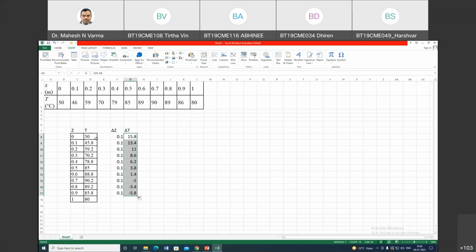Now think that this is the delta T value at this point. dT by dz will be this delta T divided by delta Z, 158. This is what you are getting.